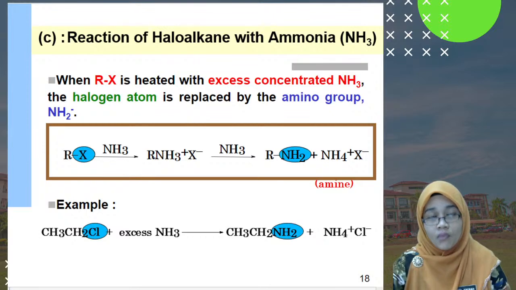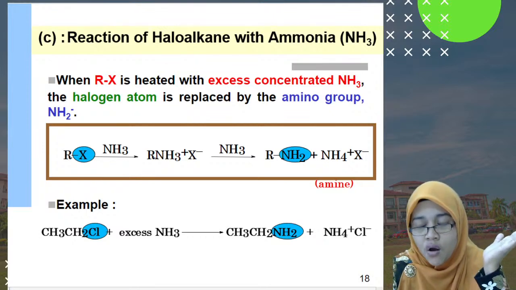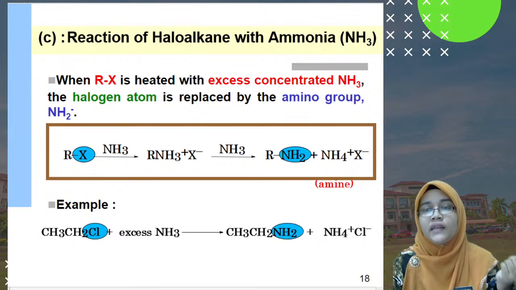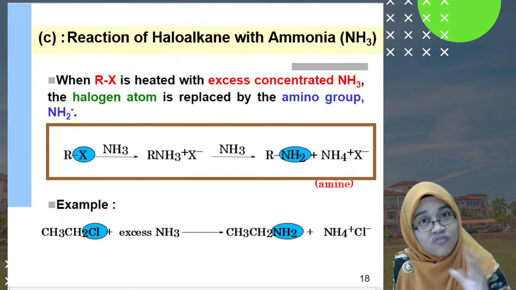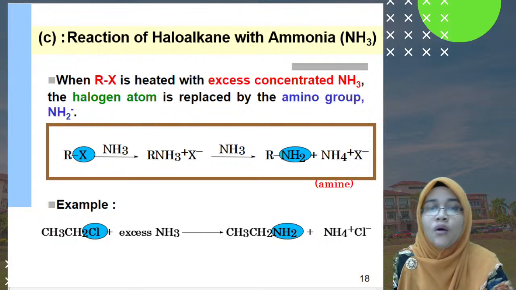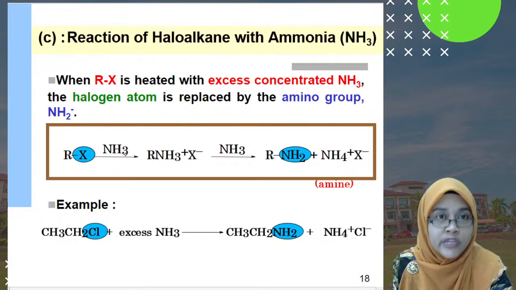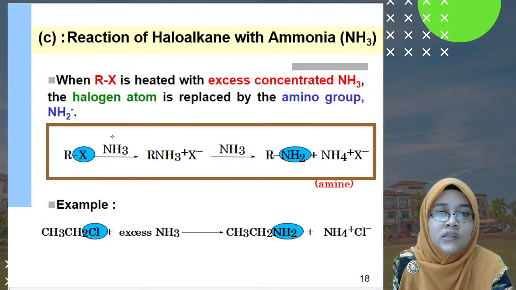Instead of alcohol, instead of cyanide, we can form amine. Haloalkane can form amine by reacting with ammonia. So when it reacts with ammonia, what happens? The first molecule of ammonia comes in, giving NH3 plus X minus.